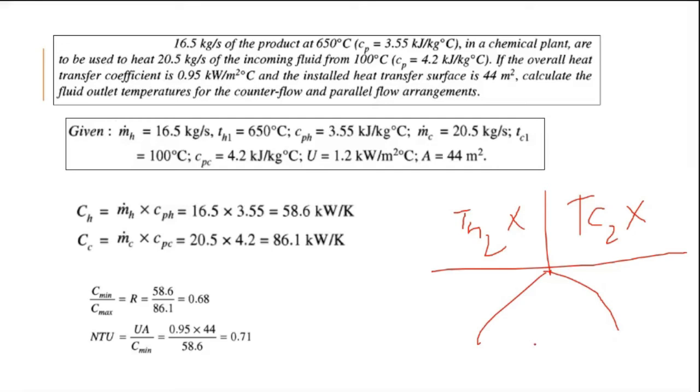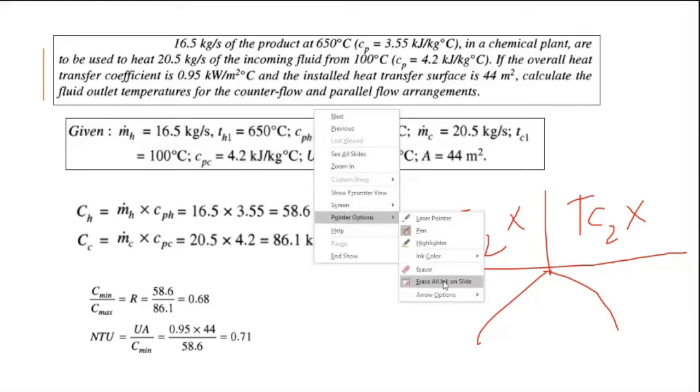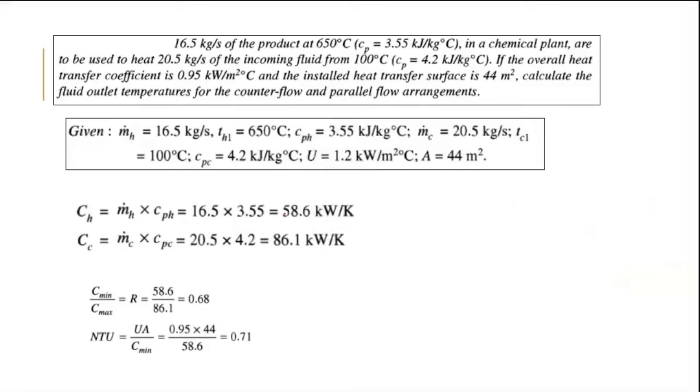Sir, capital U is 0.95, no, sir? Sorry, capital U is 0.95. Yeah, correct. But in the data, it's 1.2. Okay, that's a mistake. I have taken a snapshot from a PDF, so this would be a mistake. You can correct that. I'll just check the solution once. Here, this value they have taken wrong.